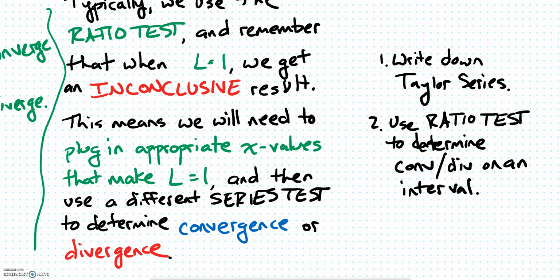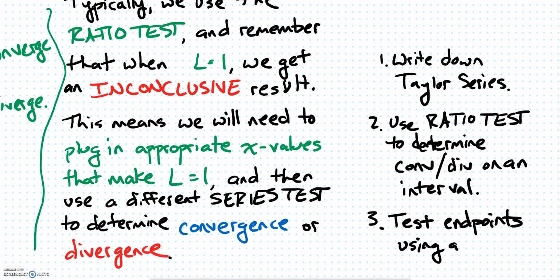But what's going to happen each time is that we're going to get an open interval, and we're going to need to test the endpoints of that open interval using a different test. So this will be the strategy that, again, I would love for you to double back to this particular video to get an idea for how to go through these different Taylor series types of problems.